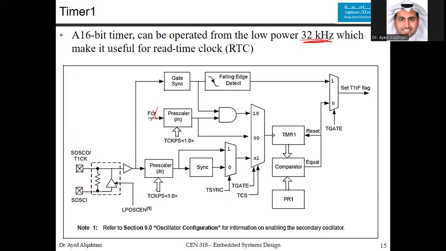And again, it has a prescaler value, the same thing. Whether you want to use a sync or not, you choose based on this choice. And here, we should choose this one, so the TCS must be 1, and the T gate is a don't care, so we could make it 0. Now you have this choice, which is the external clock for the timer.